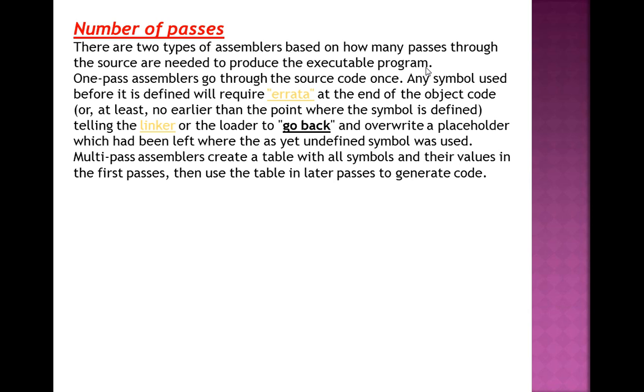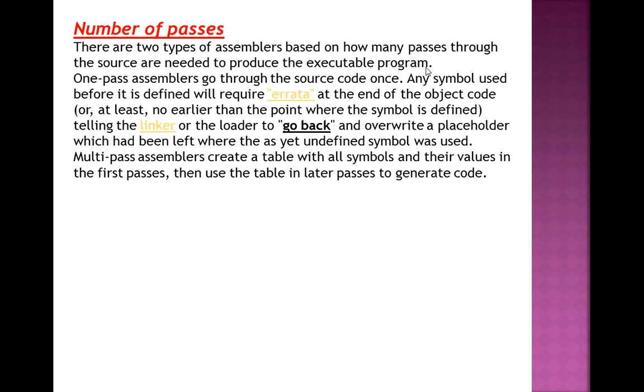The first is known as the one pass assembler, which goes through the source code once. Any symbol used before it is defined will require an erratum at the end of the object code, or at least no earlier than the point where the symbol is defined. So a one pass assembler goes through the source only once, meaning it goes through the whole assembly language source only once.